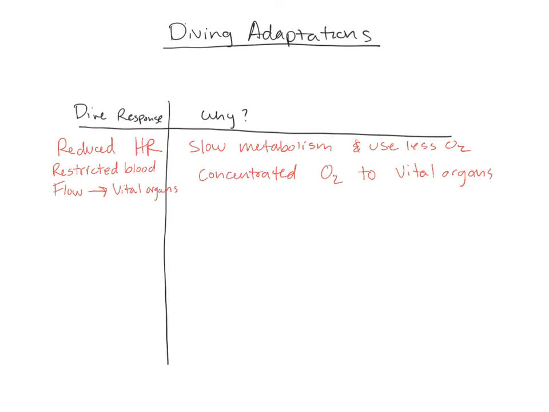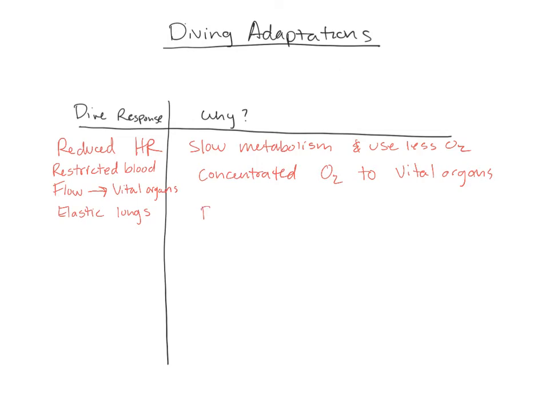So those are the things that you have, but some of the other things that they have that we don't have are elastic lungs. This allows many marine mammals to collapse their lungs, and that's due to the pressure.